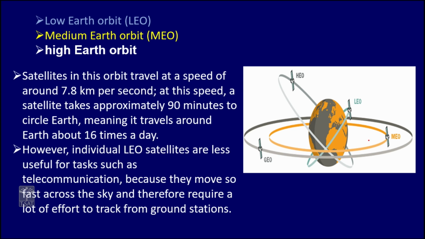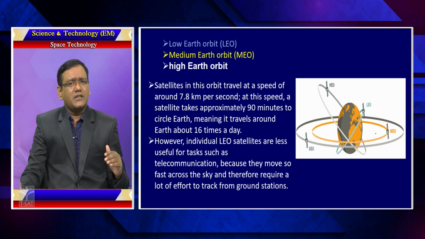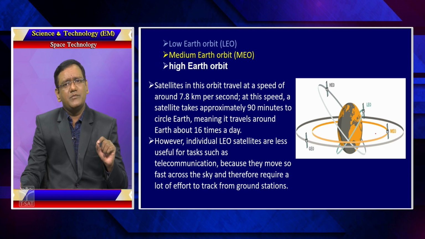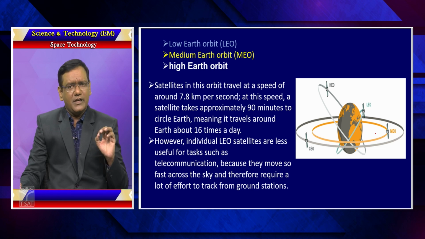Which means if we want to observe Hyderabad, or the India-Pakistan border, then using this sun-synchronous orbit, which is a low Earth orbit, it will see that India-Pakistan border 16 times a day. That is the reason why for reconnaissance we use low Earth orbit in sun-synchronous orbits.